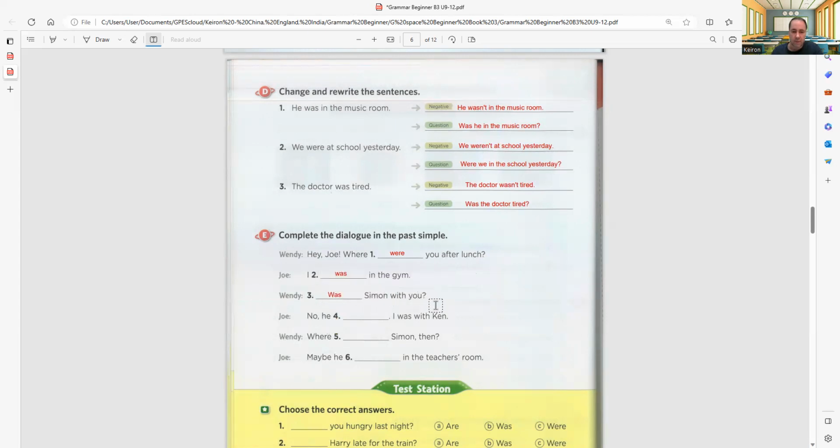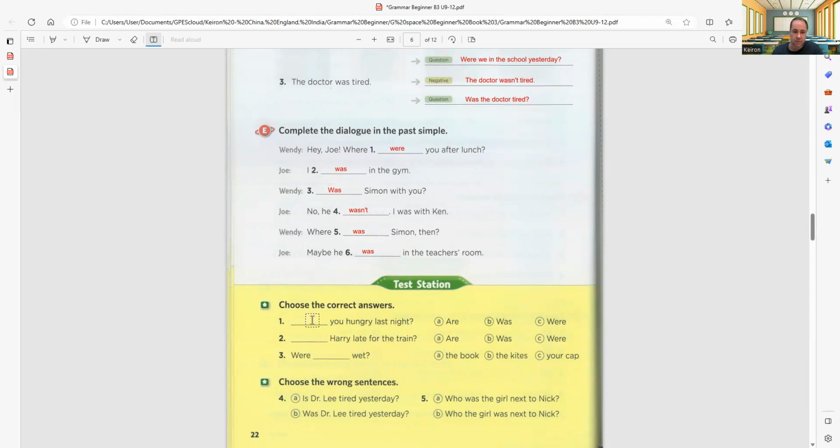Capital W, was Simon with you? No, he, negative, wasn't. I was with Ken. Where was Simon then? Maybe he was in the teacher's room, okay?